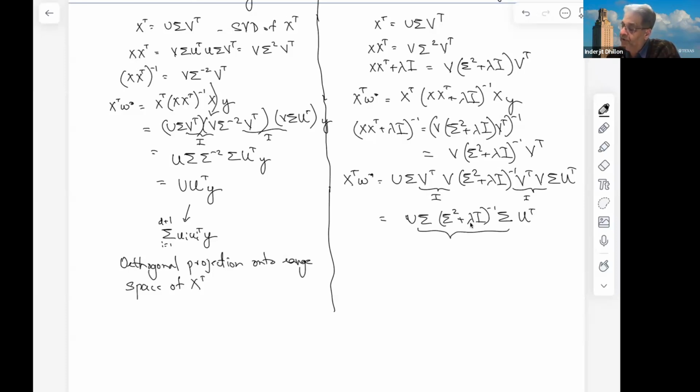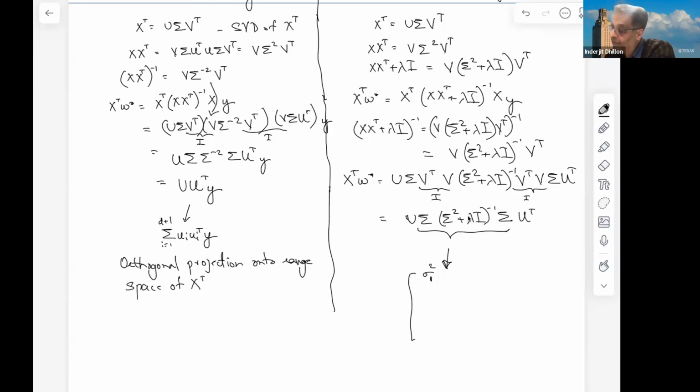It's a diagonal matrix, with the little sigmas on the diagonal. The first element is sigma 1 square, and since it's the inverse of a diagonal matrix, the diagonal elements are the inverses of the corresponding diagonals.